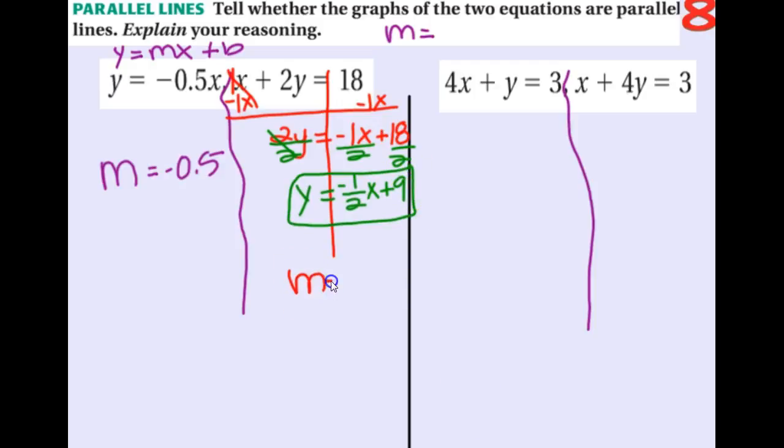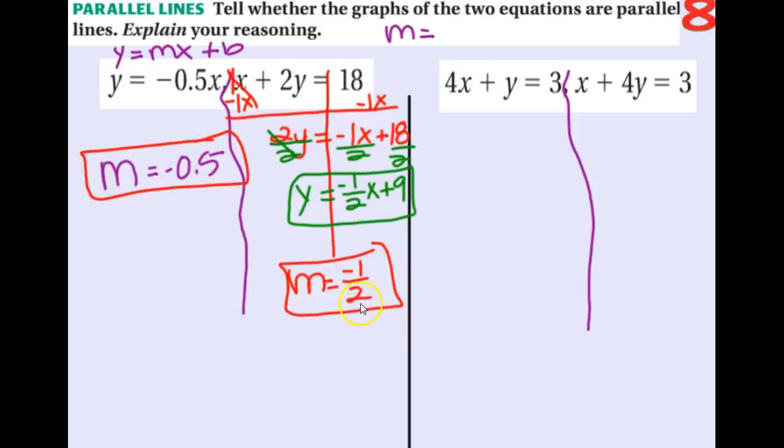So our slope in this equation, right here in front of our x, is -1 over 2. Now, they don't look the same, but 0.5 is 1/2 as a fraction. If you converted this to a decimal, they would be the same. So yes, they are parallel because they have the same slope. Or you could say both of the slopes are -1/2.